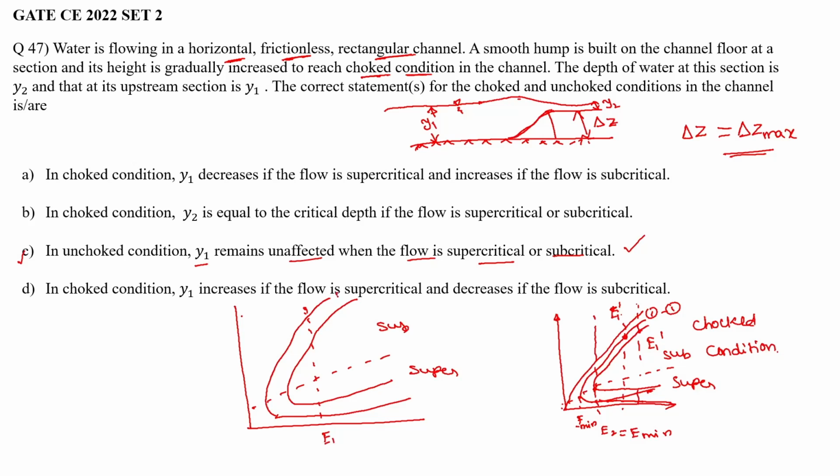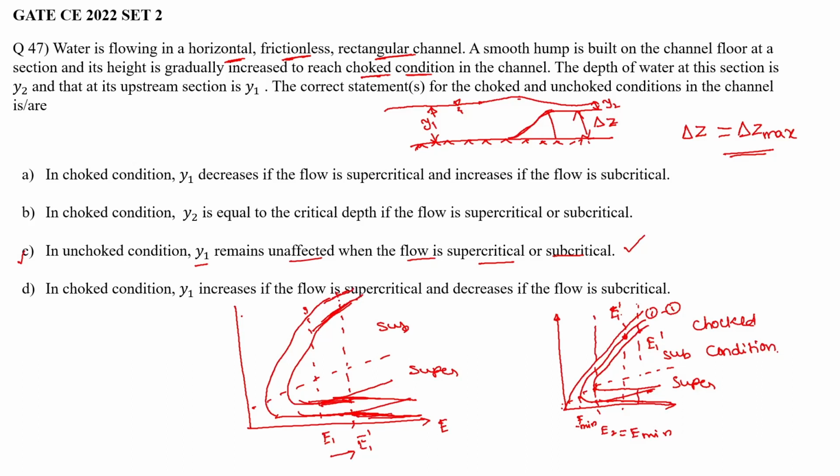This is E1, this is E1 dash, as I mentioned. This will increase in this way. So y1 decreases if the flow is supercritical and increases if the flow is subcritical. As E1 is shifted to E1 dash, the depth further decreases. If you correctly remember, this curve will be asymptotic to the x axis, so the depth will decrease.